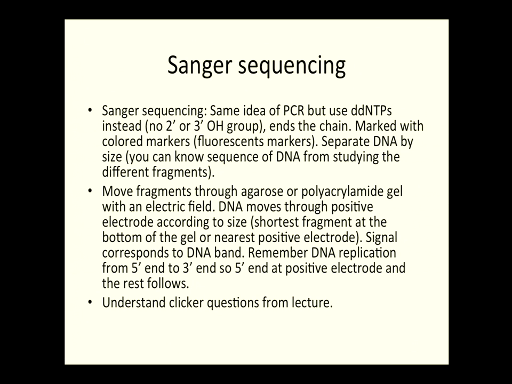So if you incorporate a ddNTP into the chain, you'll have no more elongation. So in Sanger sequencing, you can fluorescently mark these ddNTPs to see where the sequence ends, and that's how you can sequence the whole piece of DNA that you're trying to identify.